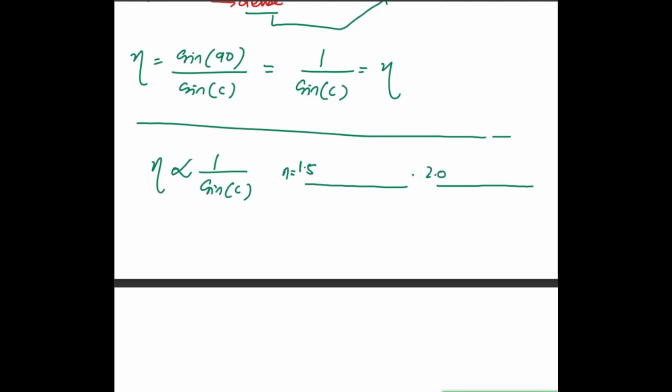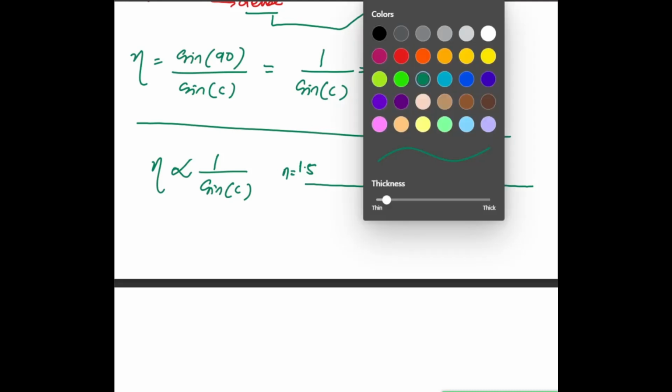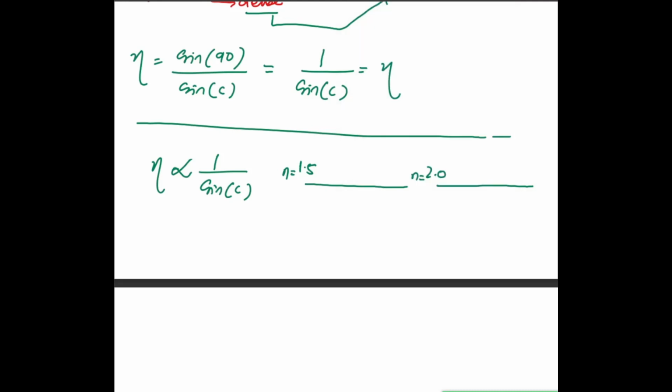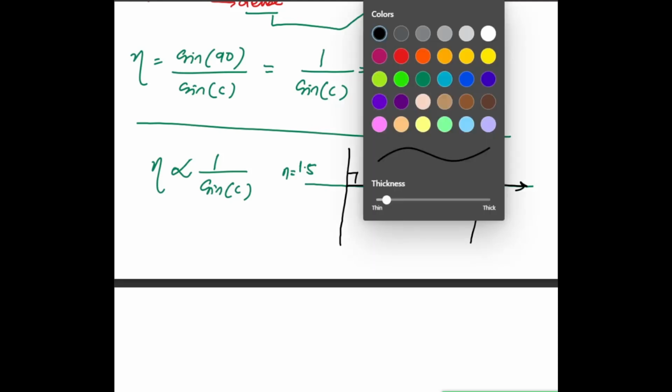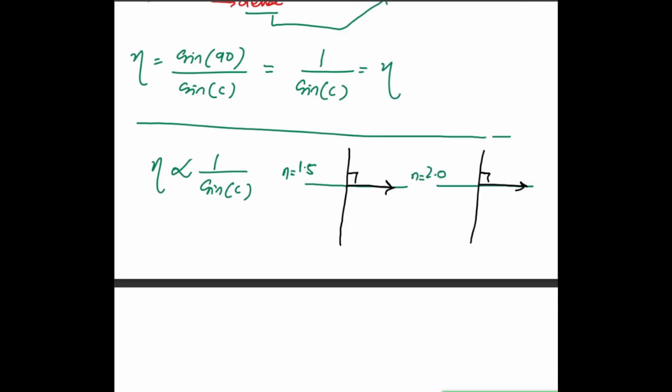So visually speaking, even if we are expecting both light rays to exit at 90 for this activity, then the one that has less refractive index, that is 1.5, its critical angle will be larger, as the lesser the refractive index, the higher will be the critical angle, and vice versa for the other case.